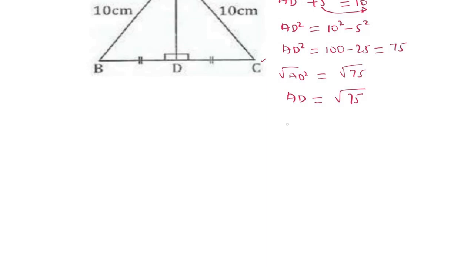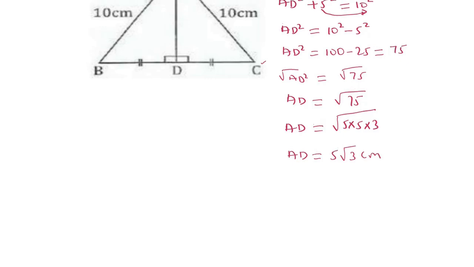Then we are having AD equals to under root 5 times 5 times 3. Simplifying this in a third form, we are having AD equals to 5 under root 3 centimeters. And that is going to be our answer.